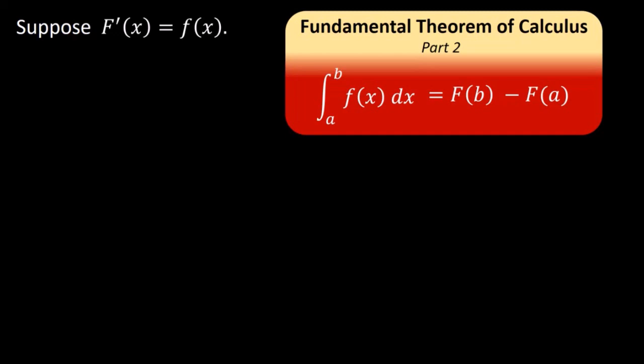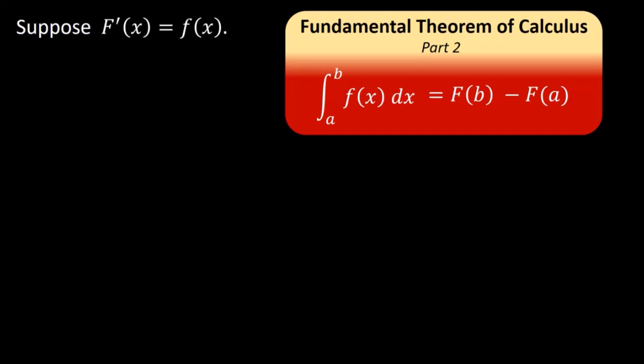Now from what I'm saying here, there are actually more than one antiderivative, but it doesn't really matter which one you take, because if you take a different antiderivative for my capital F, it's going to be the same thing up to a constant. And if a constant is added to capital F, then by the time you compute the right-hand side here, you're subtracting and the constant cancels.